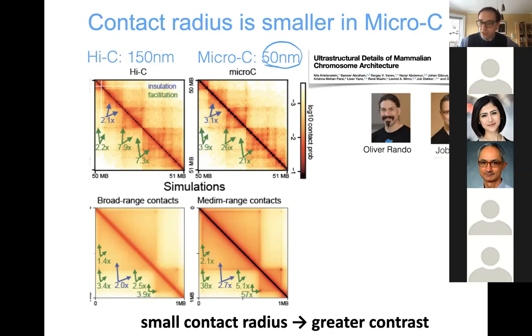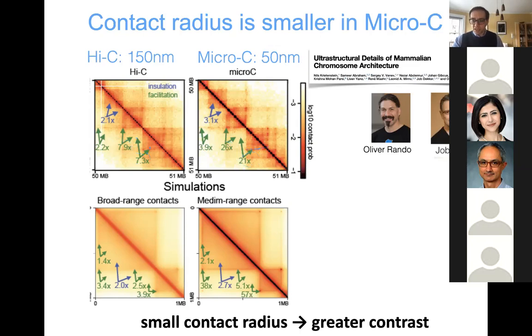All these dots that may have been maybe 7-fold become basically 20-fold. The contrast between the interior of the TAD and the neighboring region, or the stripes and the neighboring region, if it was 7-fold, becomes about 20-fold. So things do get sharper at a smaller contact radius.